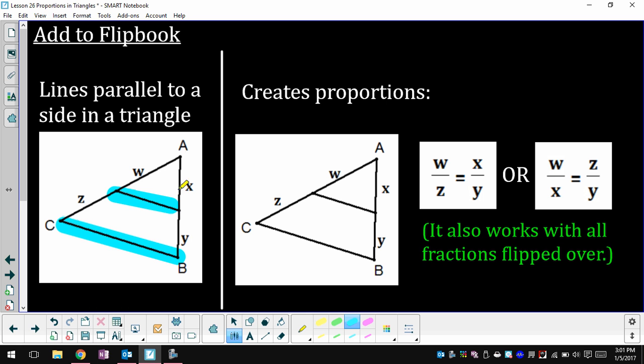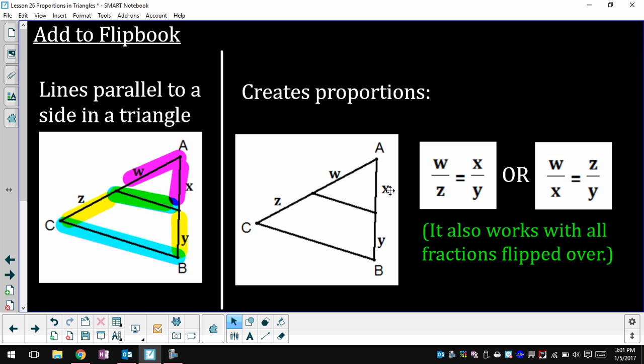So again, I have 4 pieces, but this time it's the 2 sides that are being intersected by this line creates 4 smaller pieces, and those pieces create this proportion, W over Z, X over Y. You could also do W over X and Z over Y.